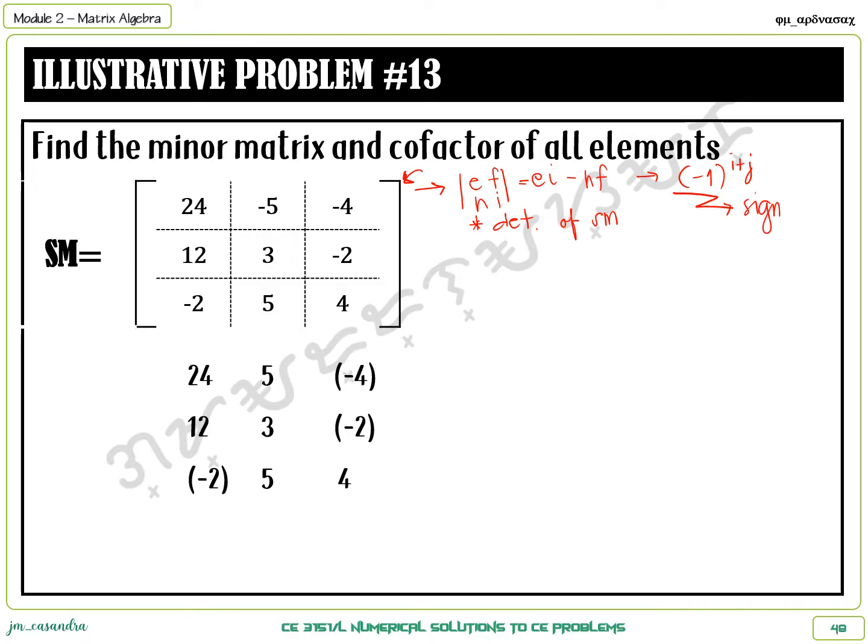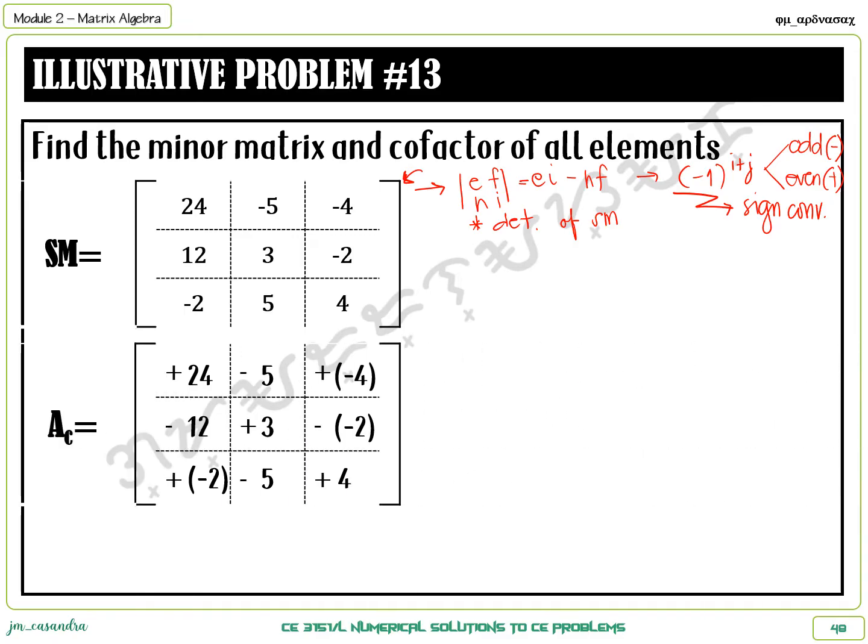And if you notice, -1 raised to a positive odd number is a negative value. So when the sum of i and j is odd, it is negative. When the sum of i and j is even, our value is positive. So what will happen now is that for our elements, it will be plus, minus, plus, minus.